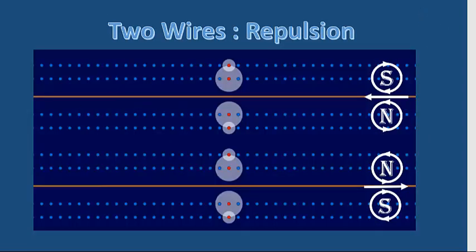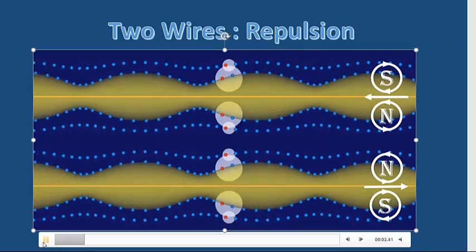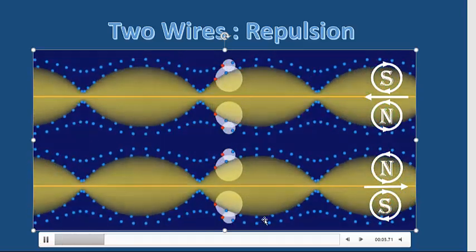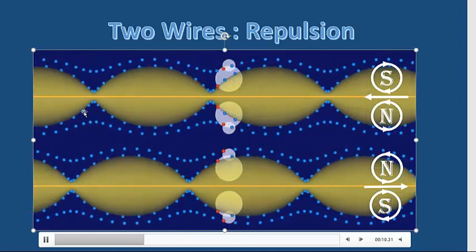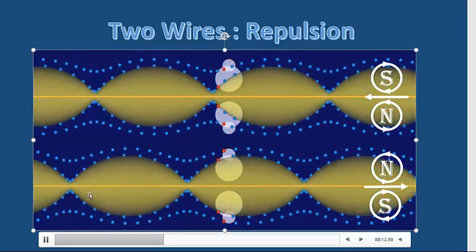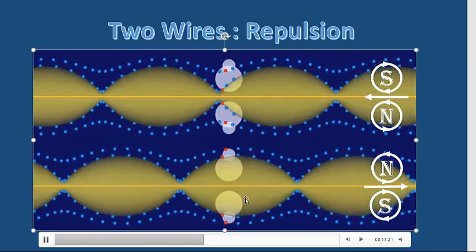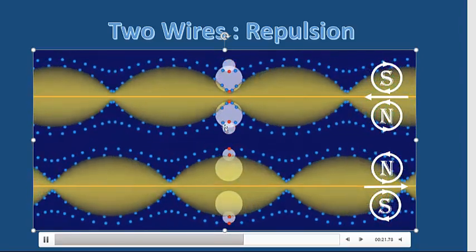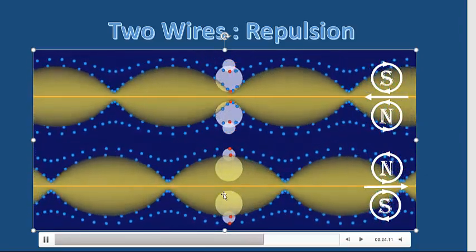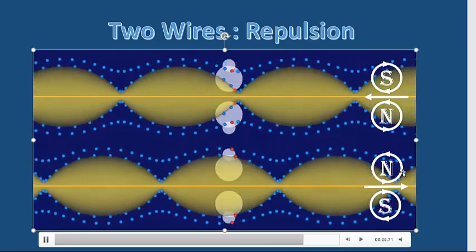So now we have a two-wire example again, only this time we've got opposite current. So we have electrogen going from right to left on the top, and we have electricity going from left to right on the bottom. And so between the wires you have counterclockwise circulation or north circulation, and above this wire you have counterclockwise circulation or north circulation.